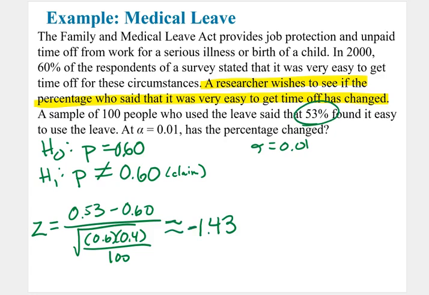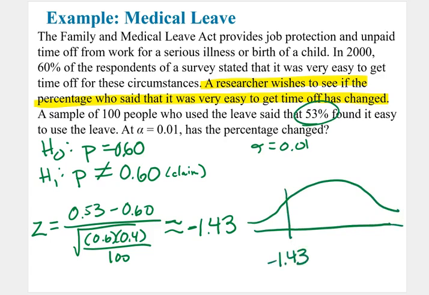All right, now, if you're doing the p-value method, okay, here is your test statistic, negative 1.43. Okay, because this is two-sided, whatever this area is, you want to double it. So you're going to take 2 times that area.